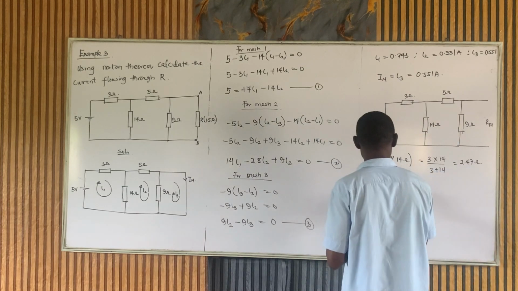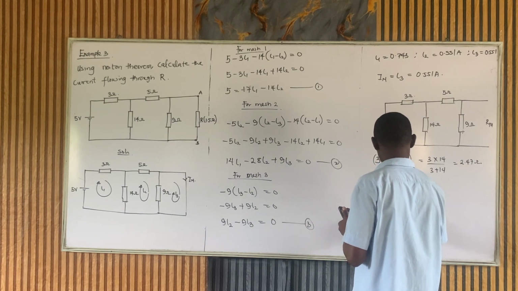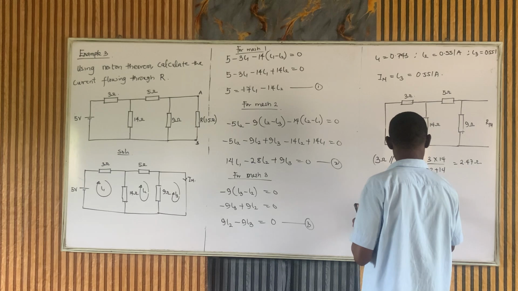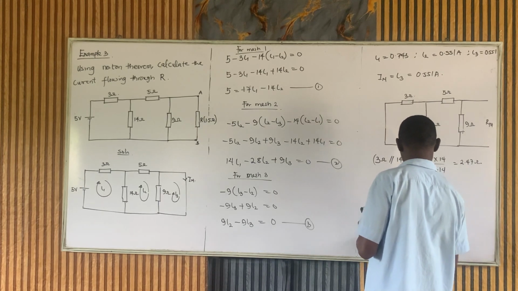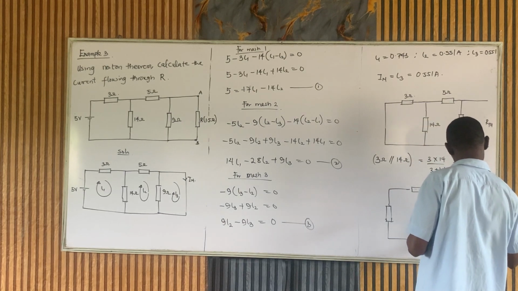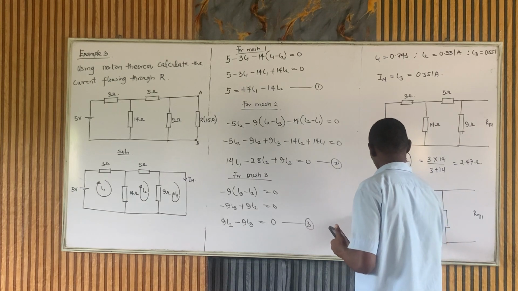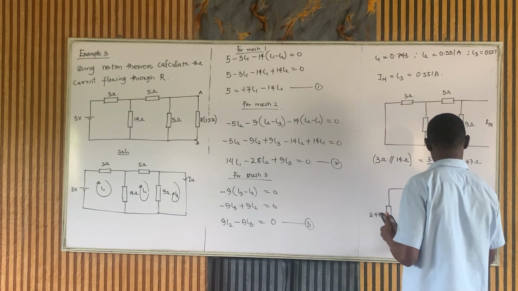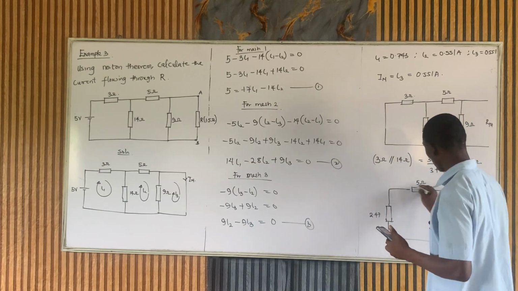That reduces the circuit to this. I've combined these two to be this 2.47, and this is 5 ohm, and this is 9 ohms. These two now, if current is coming from here again, it is split. Some will go in here, some will go in there.